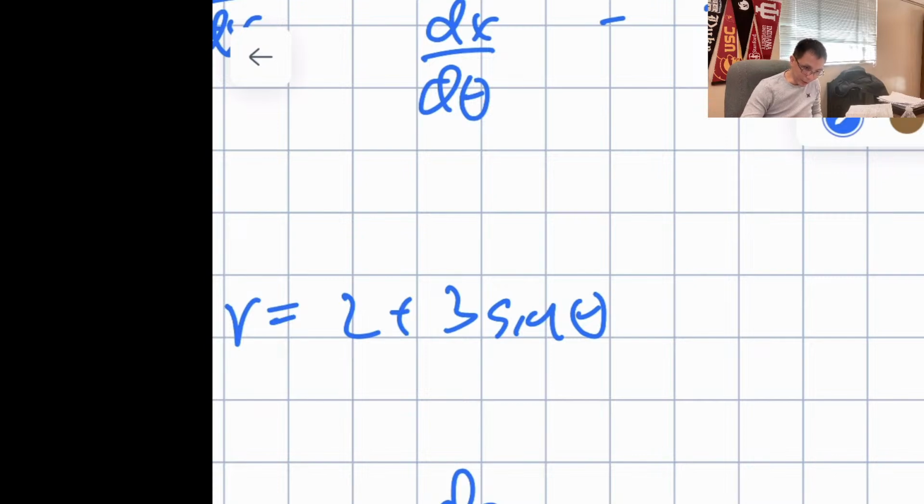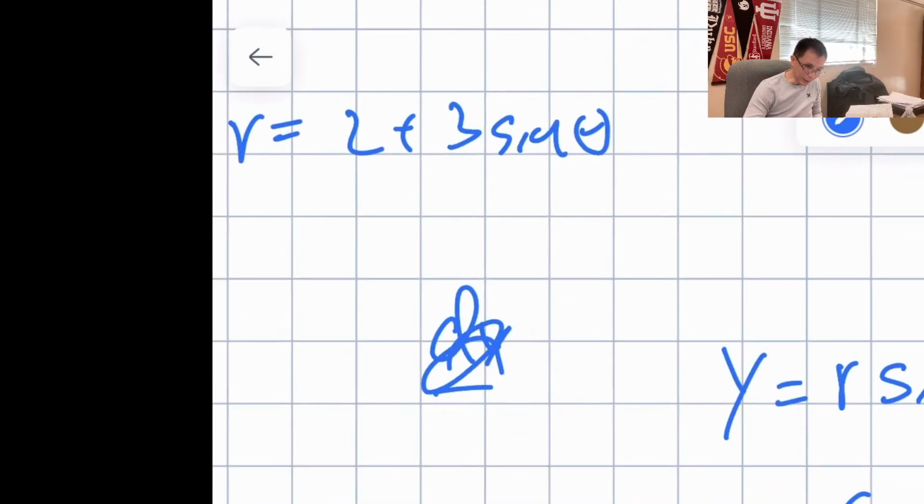And this is y equal to 2 sine theta plus 3 sine squared theta. If I take a dy d theta, it's going to be what? 2 cosine theta plus what? 6 sine theta cosine theta, right?